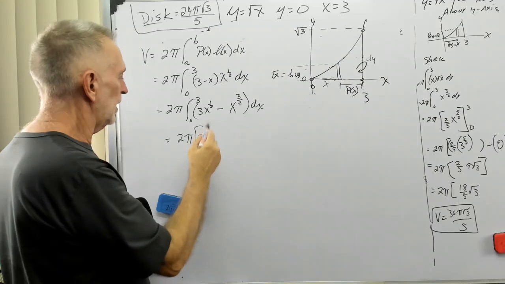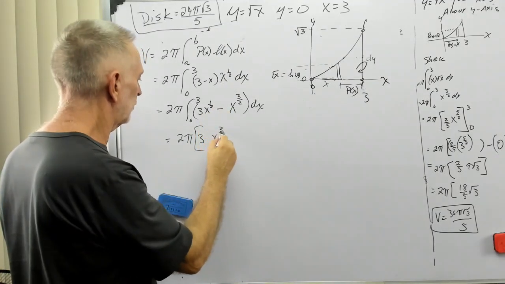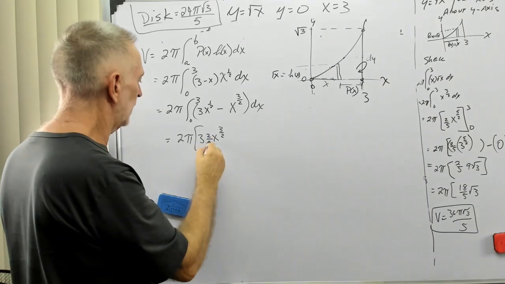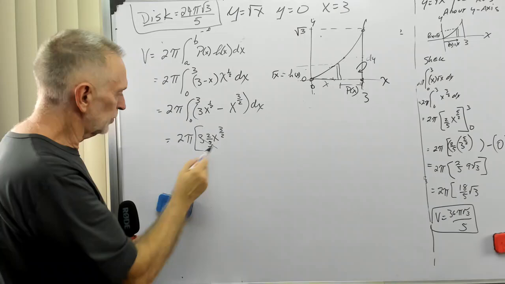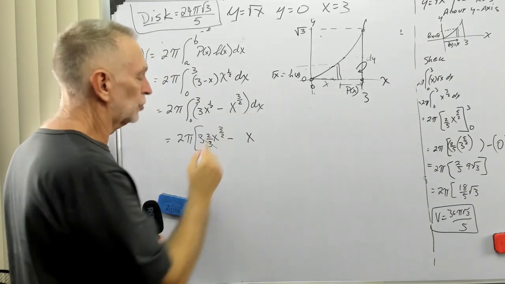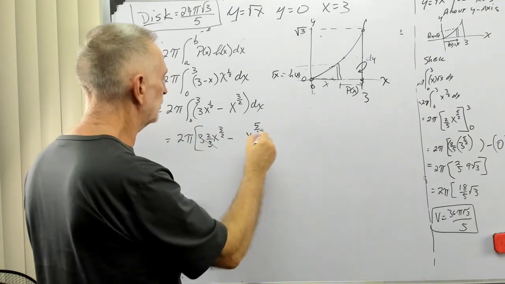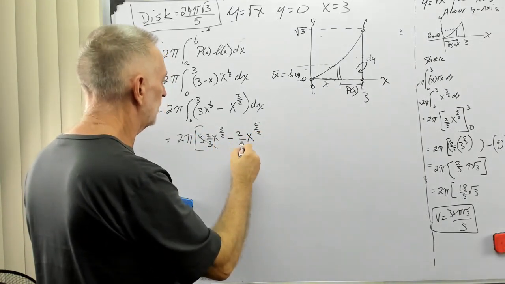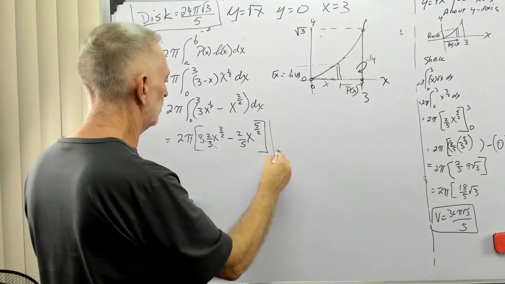X to the 1/2 plus 1 is x to the 3/2 divided by 3/2, which means I'll multiply by 2/3. That will cancel. Minus x to the 3/2 plus 2 over 2 is x to the 5 halves multiplied by 2/5, and all of that from 0 to 3.